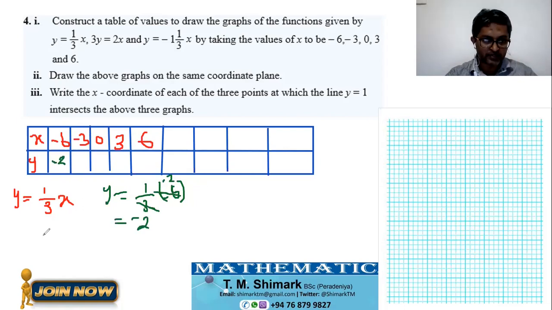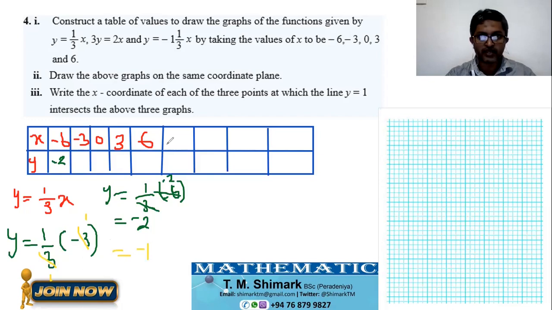x equals minus 3 means y equals 1 by 3 times minus 3, right? If you cancel this by 3, that means it's minus 1, right?